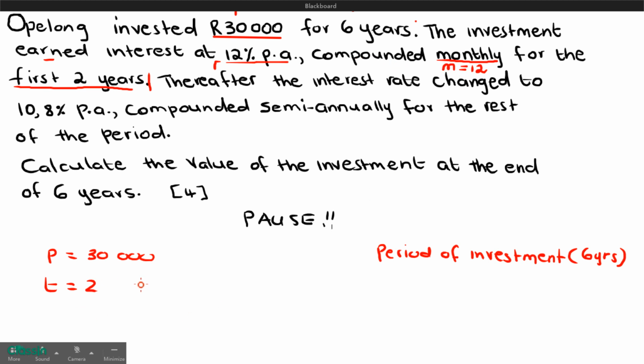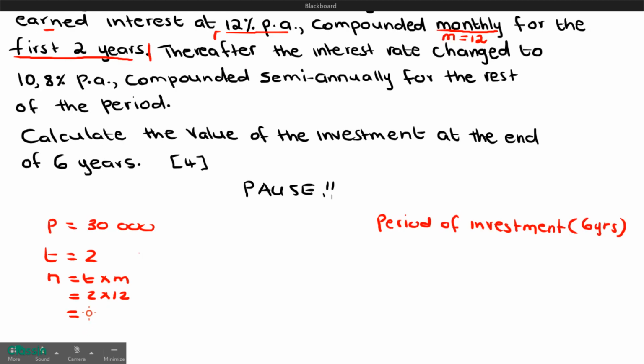So it means that in this case, we are going to say that our N is equal to T multiplied by M. But T multiplied by M is 2 multiplied by 12, which in this case is going to be 24. Take note. This is our N. Our N is equal to 24.